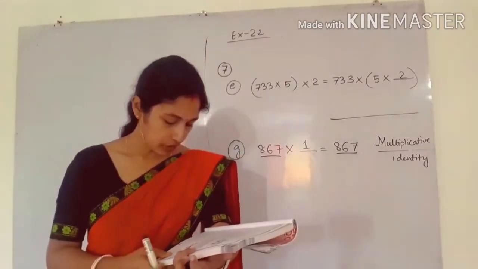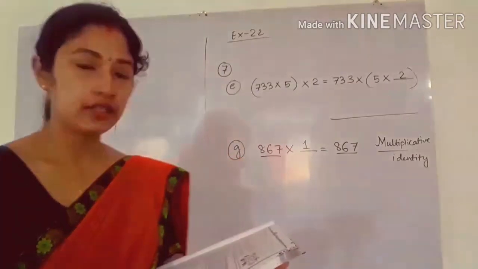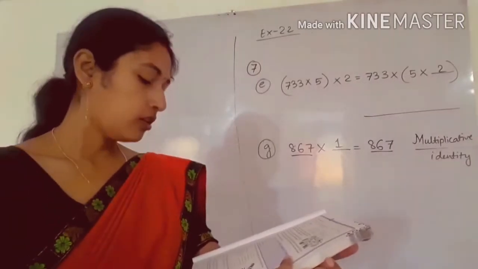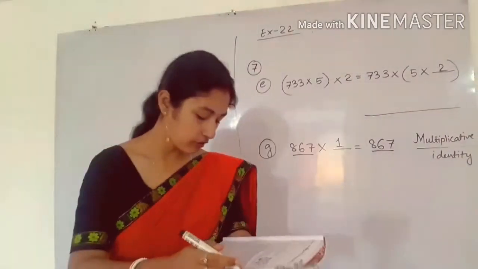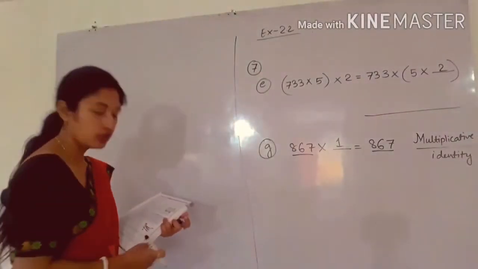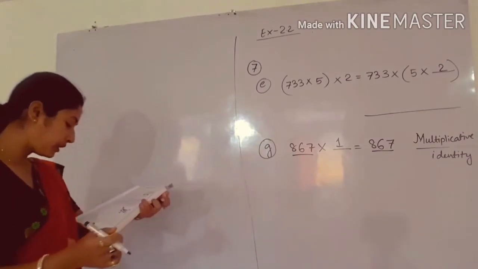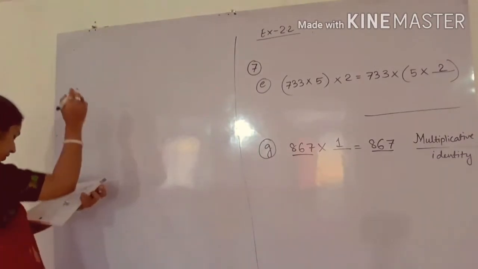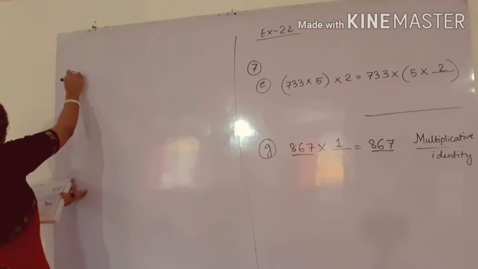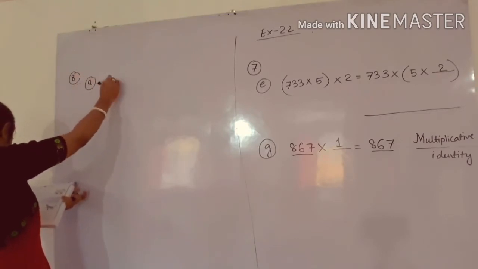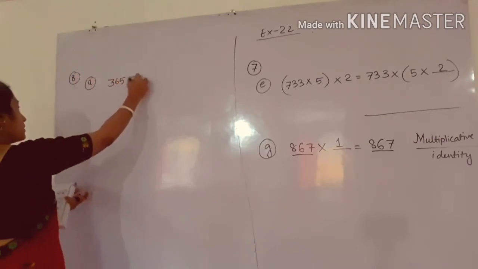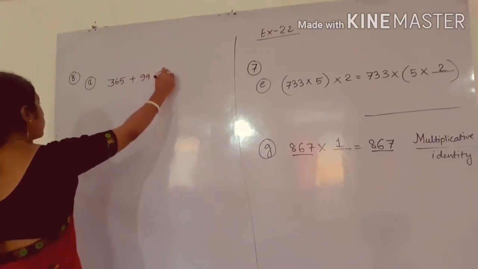Next, question number 8. In question number 8, it is given that you have to solve the following as fast as you can using the properties of addition and multiplication. See, in part A, 365 plus 94 plus 35.